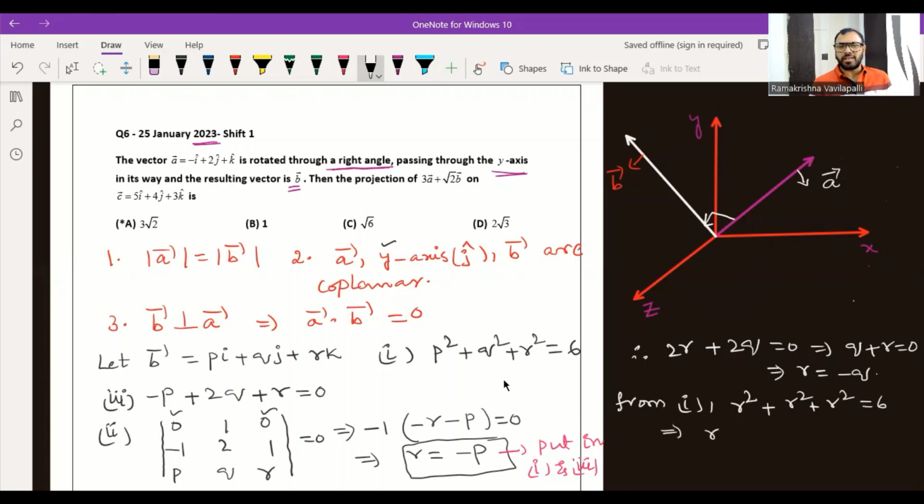So we get r square equal to 2, so r equals plus or minus root 2. When r equals root 2, you will get q equal to minus root 2 and p equal to minus root 2.